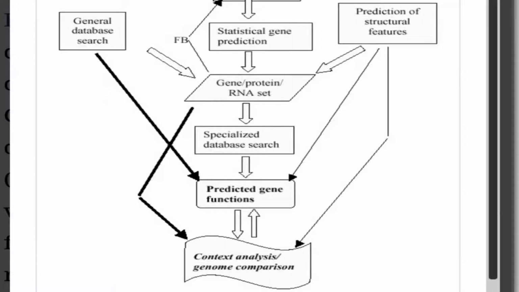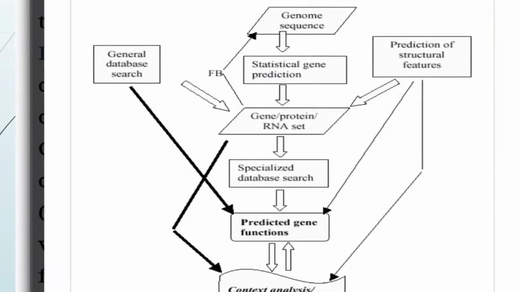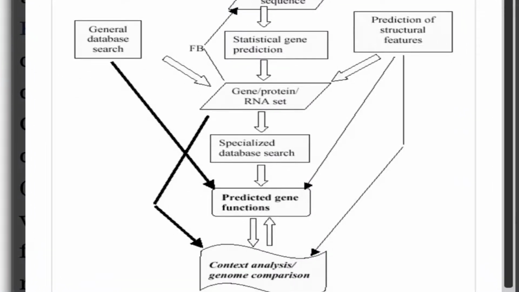So in these databases also, this gene that you have sequenced may be present. So a database search is done, and then the gene that you have and the one that is present in the database, both are compared. This is annotation. Then finally, when you make the comparison between the original gene and your sequenced gene, you can find out the gene function.